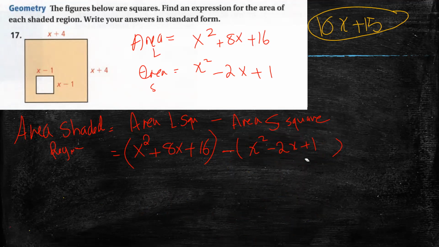Right. What did she do? She wrote everything, she solved everything clearly, but when she reached this point, she forgot to multiply by the minus sign. She kept it like x squared plus 8x plus 16 minus x squared.